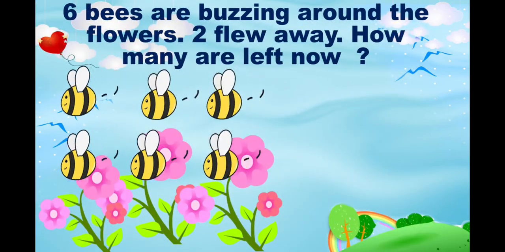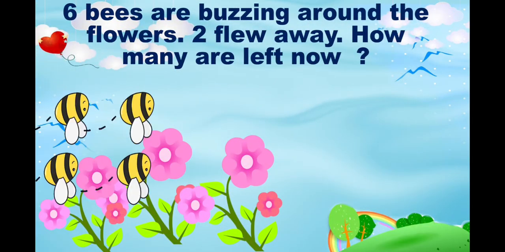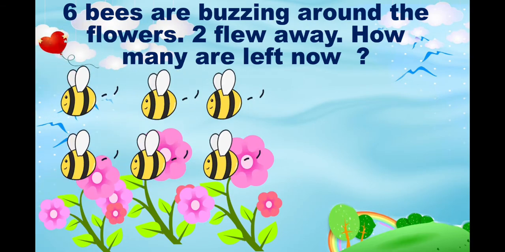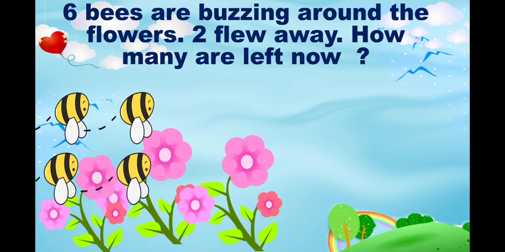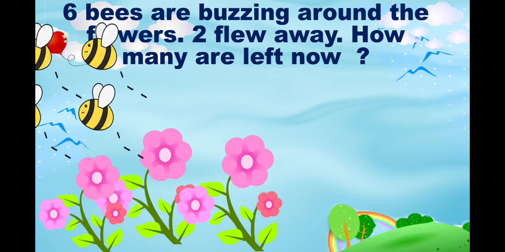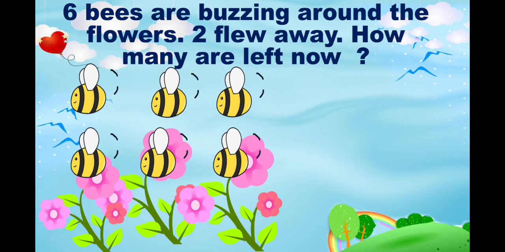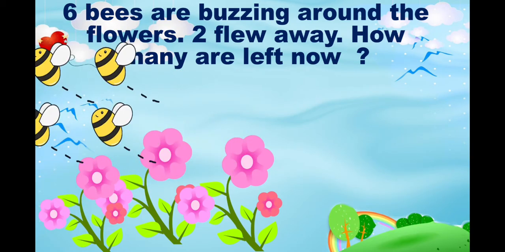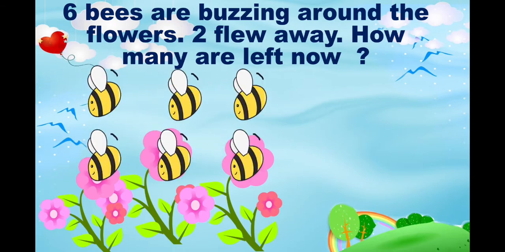Let's see another example. 6 bees are buzzing around the flowers. Buzzing means the bees that move around and make a noise, buzz. So that is called buzzing. So 6 bees are buzzing around the flowers. 2 flew away. How many are left now?